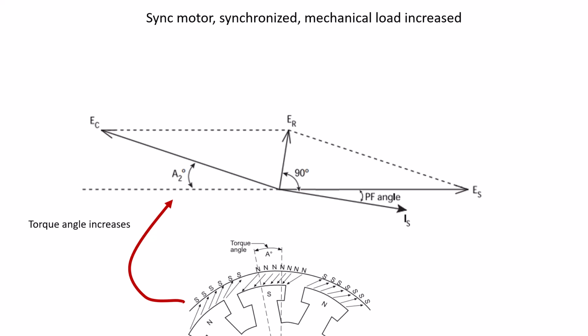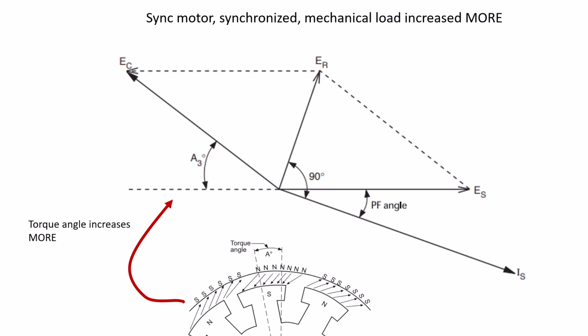As mechanical load is increased, we can see that the torque angle increases also. If the torque angle increases, that's going to have an effect on the vectoral addition of E of the coil and E of the stator. The resulting voltage, or ER, gets larger. And if ER gets larger, it means that I of the stator will also rise due to Ohm's law.